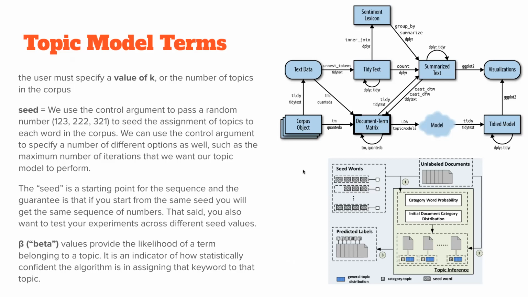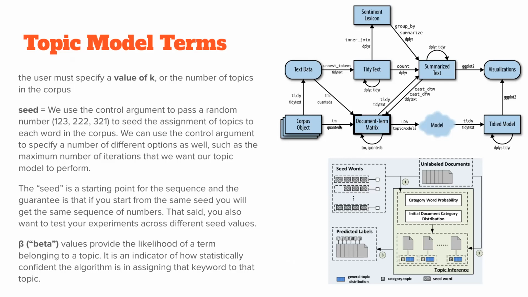So the workflow is usually we have a corpus object, which is a collection of our documents. Then using tidy or tidytext, which is a package, we convert it into text data format. Or if we are going to do topic modeling, we use quanteda, another text analysis package, and convert this into a document term matrix.